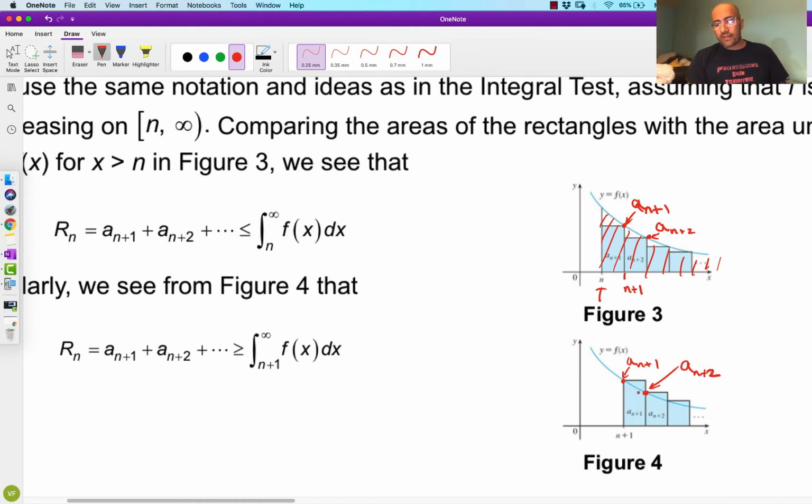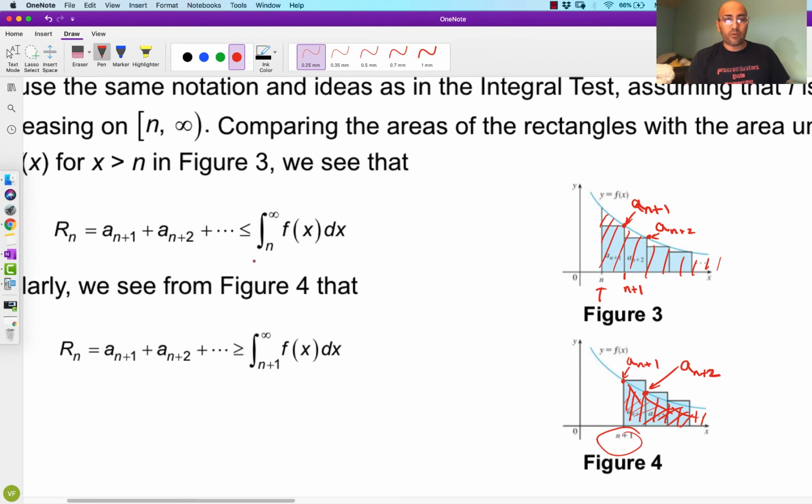From this perspective, the sum of these rectangles is always going to be a little bit larger than the area underneath the function starting at n plus 1. That area underneath the curve of f of x is a little bit smaller than the r sub n value we're looking for, the sum of the rectangles.